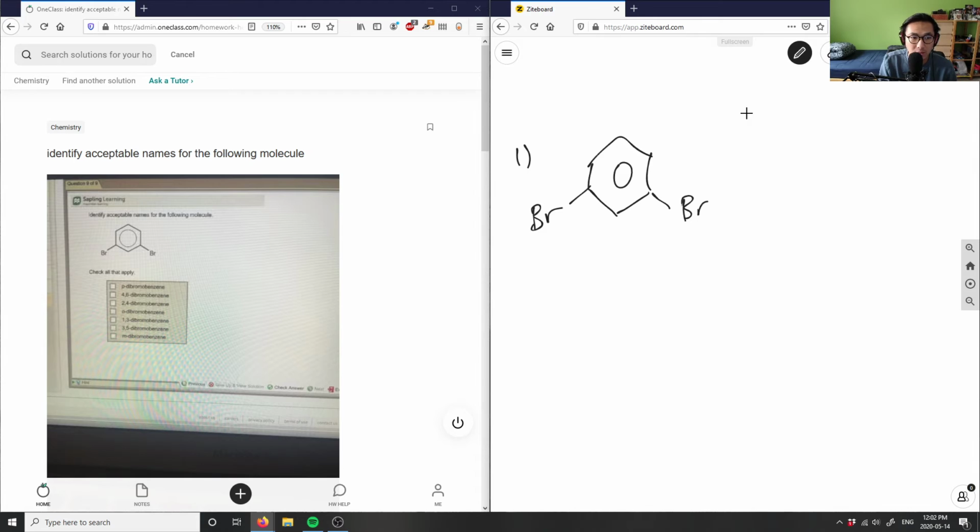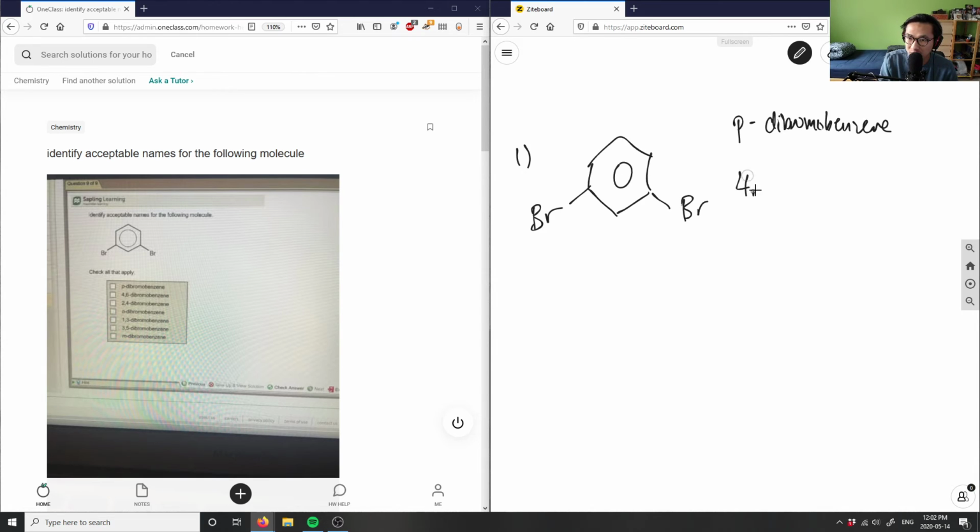Let me write this in. I have P-dibromobenzene, 4,6-dibromobenzene. Basically all of these guys are dibromobenzene, so I'll write dibromobenzene once, and all that's changing is the prefixes.